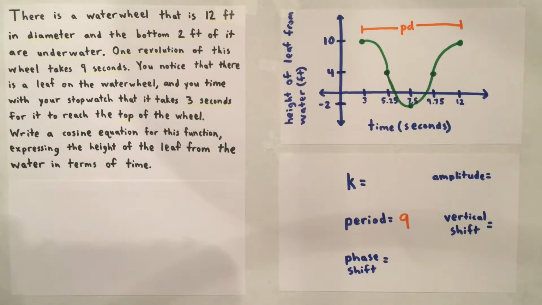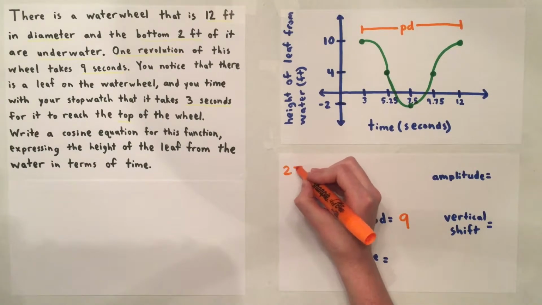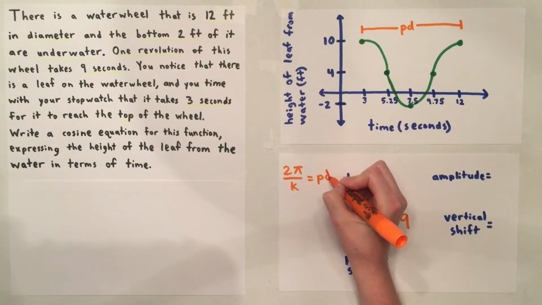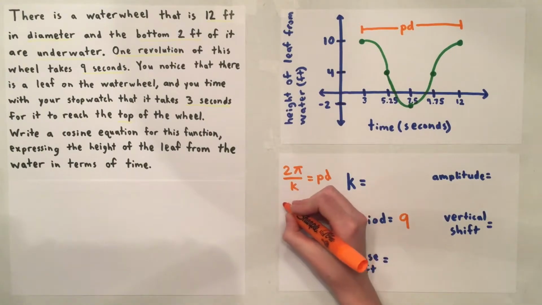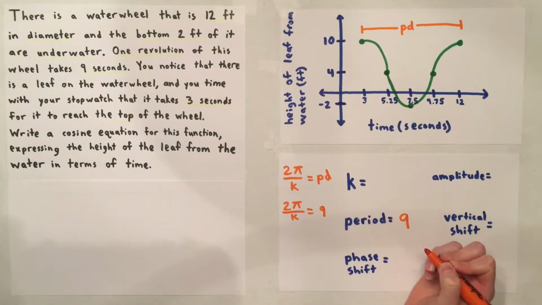Now that we have found the period, we can find k. 2 pi over k is equal to the period. So if we plug the period in, we have 2 pi over k is equal to 9, and then we solve for k.